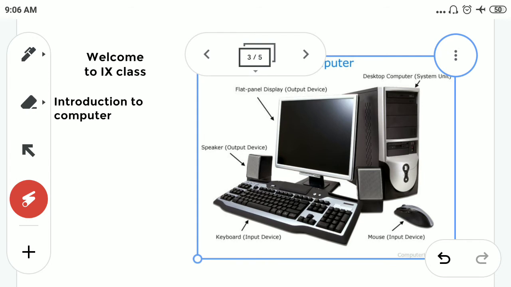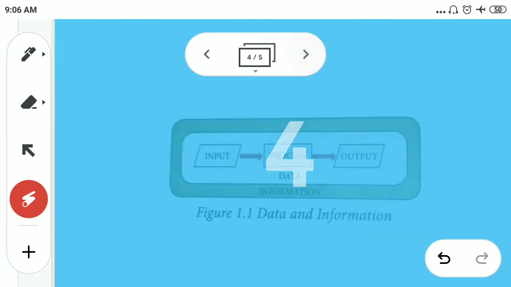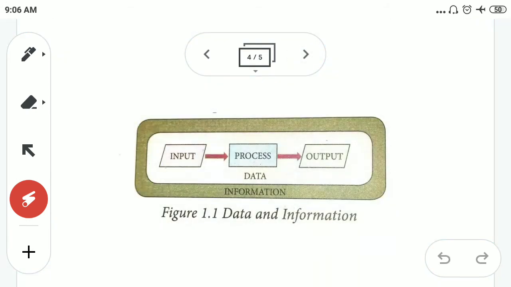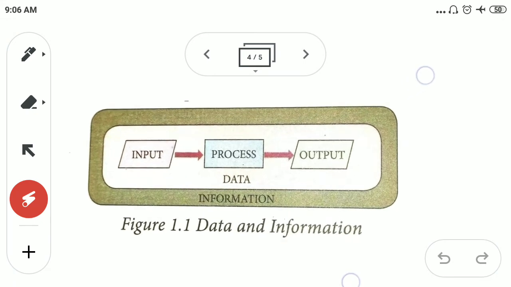Okay, so in the next slide we can see the basic working principle of any computer, or any mobile or even laptops or any electronic device. Here you can see this is the input.